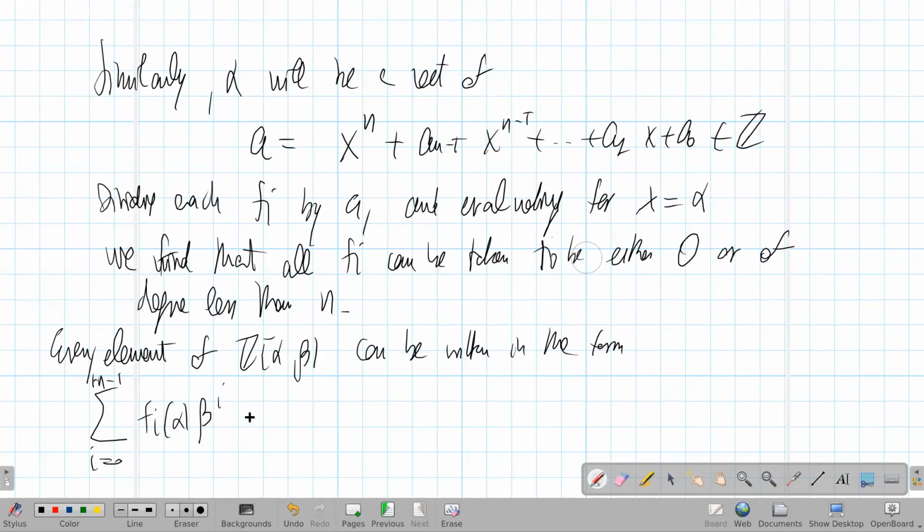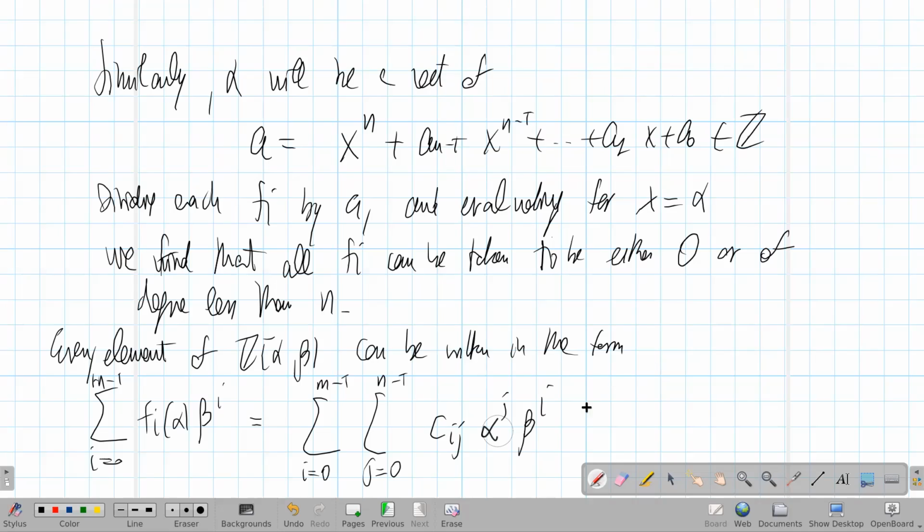So this will be a sum over i from 0 to m minus 1, and j from 0 to n minus 1, of a certain coefficient Cij, alpha^j, beta^i, because I have expanded this polynomial Fi, which has degree less than n. So the j here can be at most n minus 1.